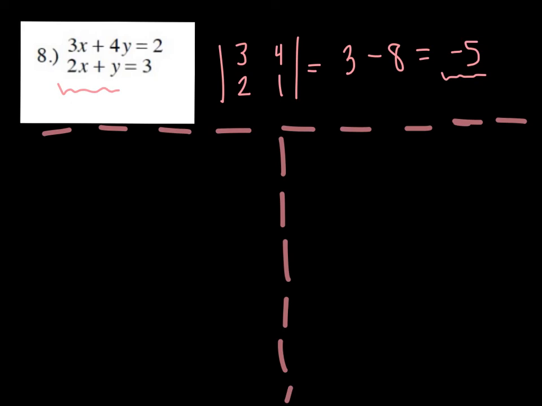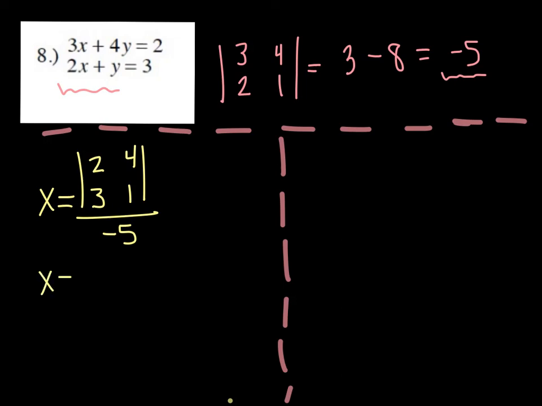So let's solve for x first. So x is going to equal, replace 3 and 2. Don't keep those coefficients with the x's. We replace them with what it's equal to. So 2 and 3. Keep the coefficients with your y's, over the determinant of the left side, which we found to be negative 5.